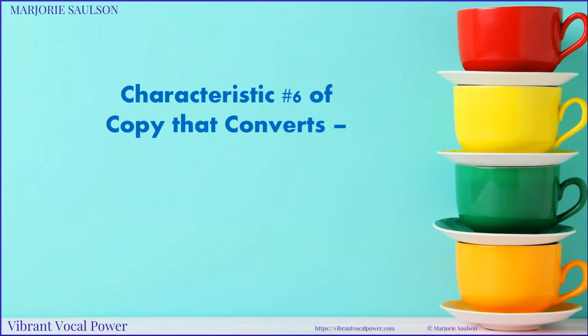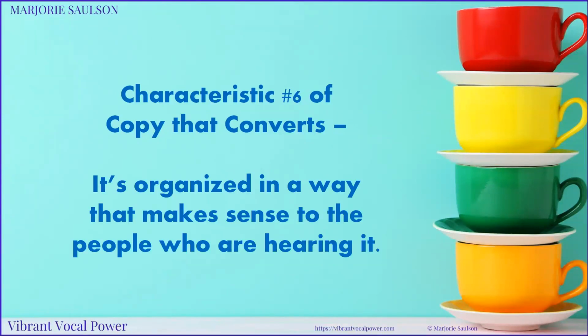And here's the final of the 6 characteristics that I'm sharing. Your message is organized in a way that makes sense to the people who are hearing it or reading it.